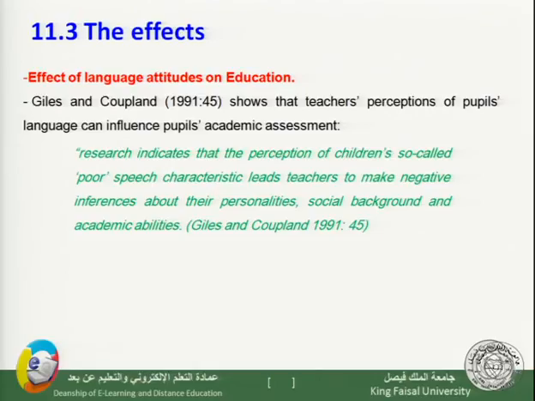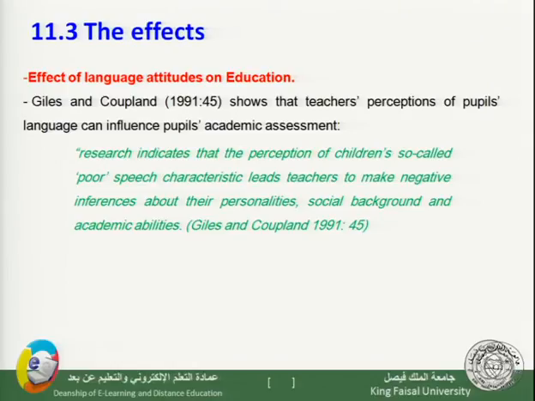We have this quotation by Copeland, 1991, page 45. He says, research indicates that the perception of children's so-called poor speech characteristics leads teachers to make negative inferences about their personalities, social background, and academic abilities.